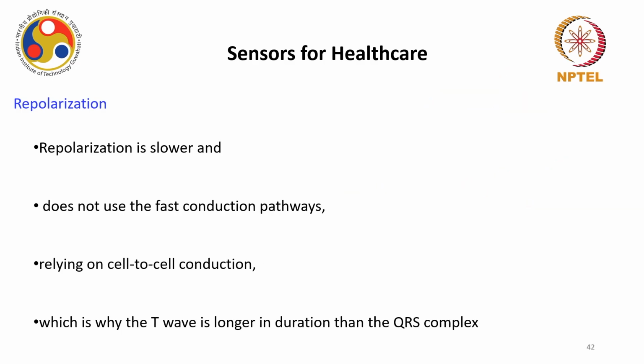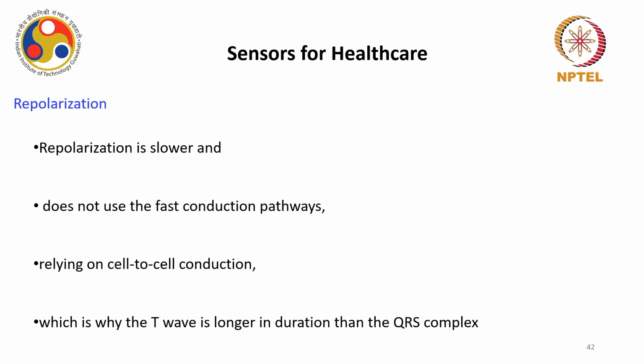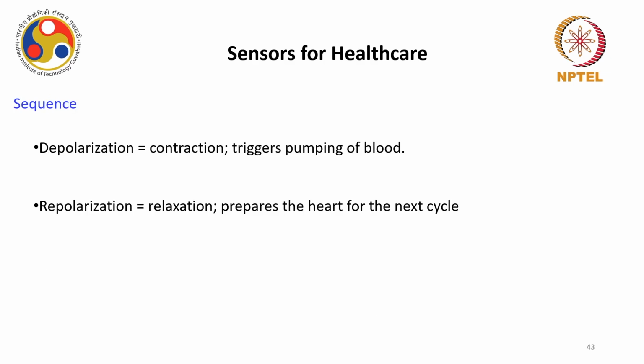Okay. So, if you compare depolarization and repolarization, repolarization is basically slower and does not use the fast conducting pathways, and relies on cell to cell conduction, which is why the T wave is longer in duration than the QRS complex wave. Okay.